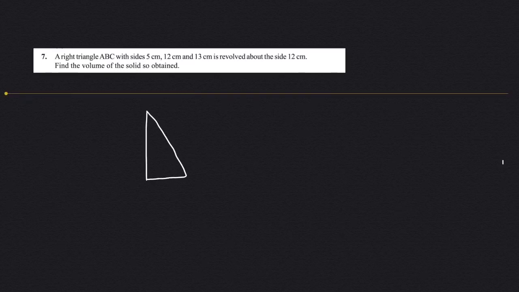It's a right triangle ABC. This side is 5 centimeter, and it is revolved about the side 12, so this one is 12 centimeter, and the opposite side, the hypotenuse, is equal to 13 centimeter.